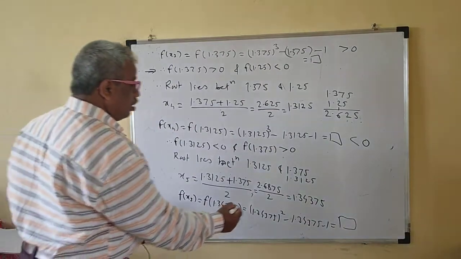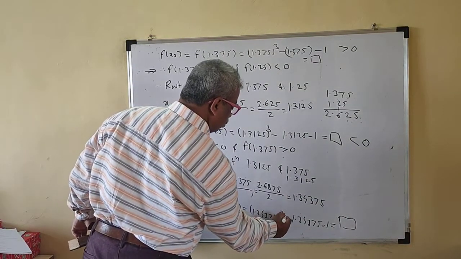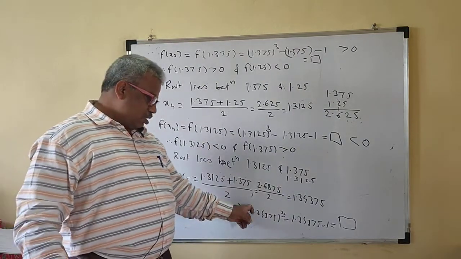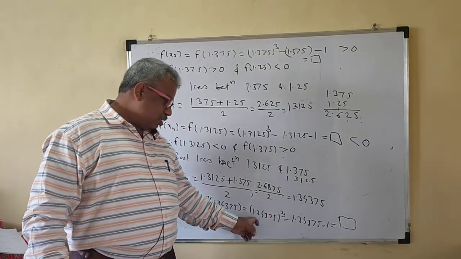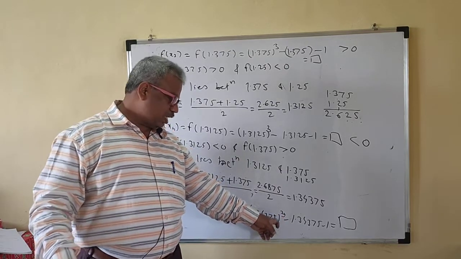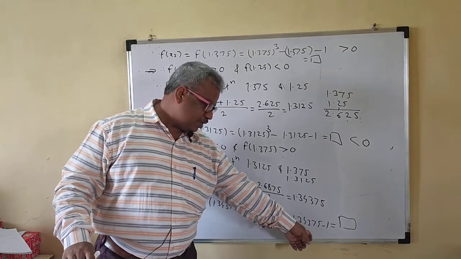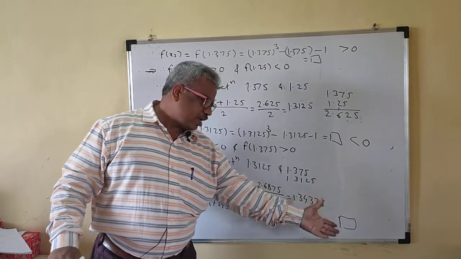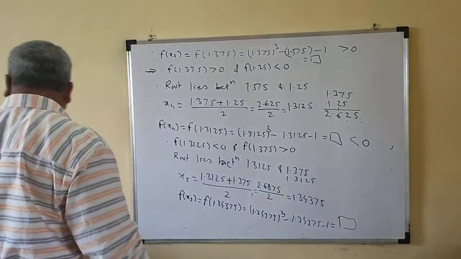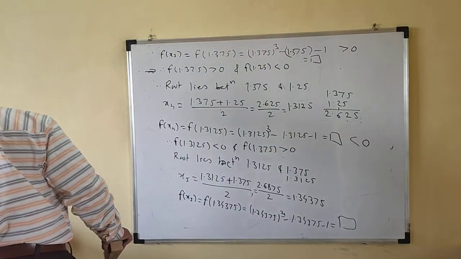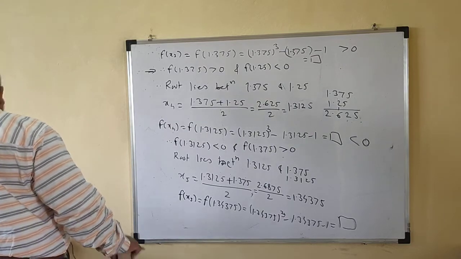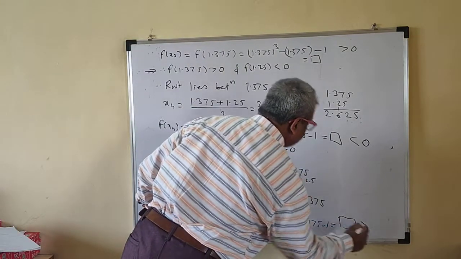Just write, use the calculator, bracket cube. There is a facility for raised to 3, then minus, type this figure again, minus 1. Just check the screen and write here whether it is positive or negative. So this will be positive. This is greater than 0.